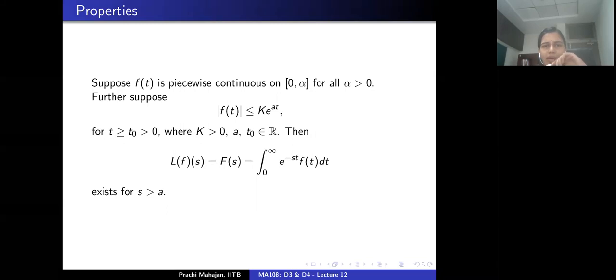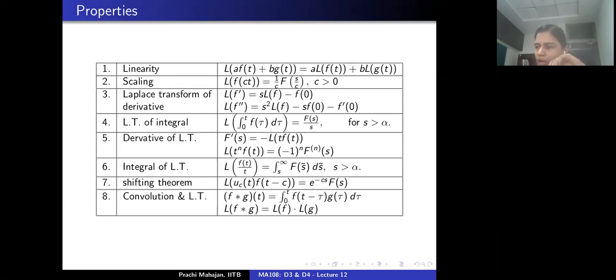I think it's a good point to recall all the properties of Laplace transform that we have investigated so far. The very first is that the Laplace transform is a linear function. The second one, scaling, we actually did not prove in class maybe, but one can check it's fairly simple.